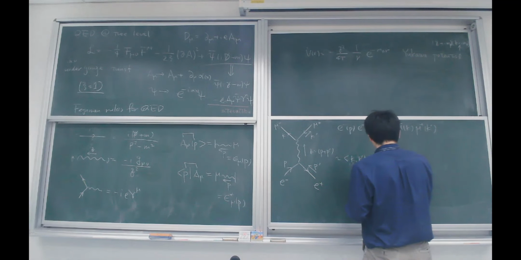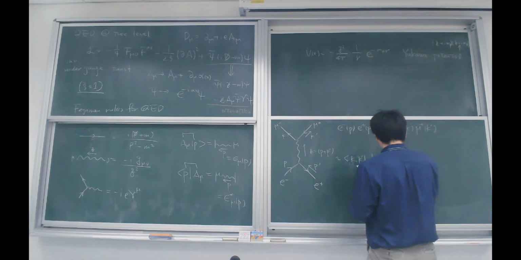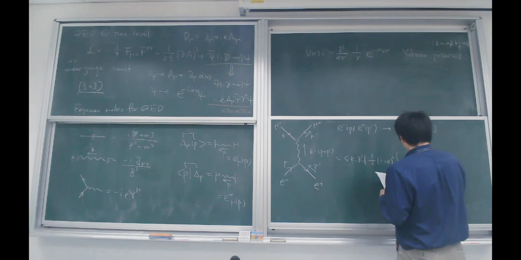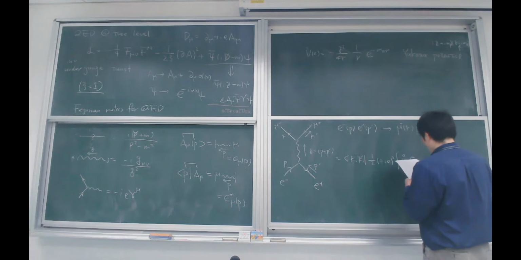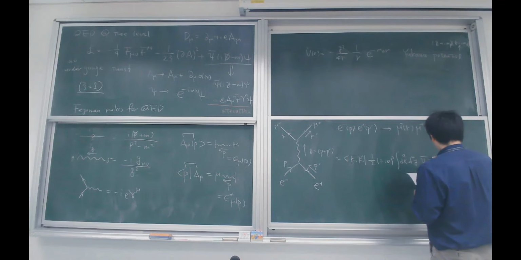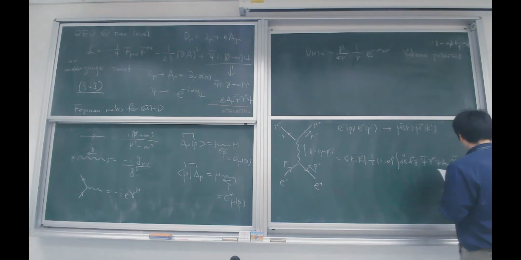Minus 1/2 times minus i e squared, and then the x four, psi bar gamma mu psi, and psi bar gamma mu psi, with p and p prime. So that's what we need to evaluate. This interaction term really comes from here.